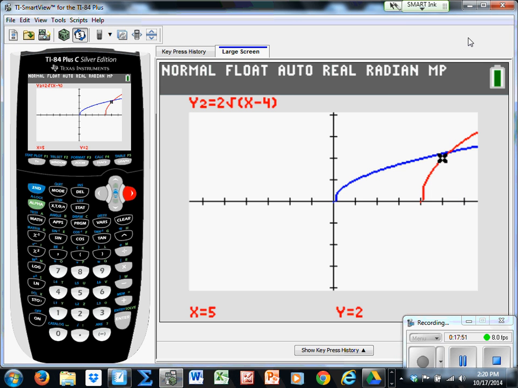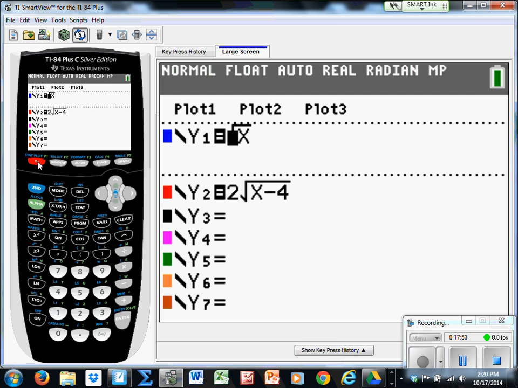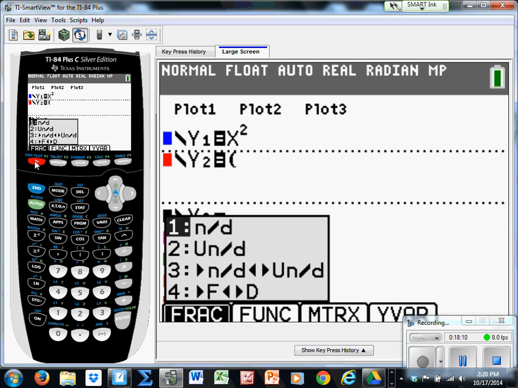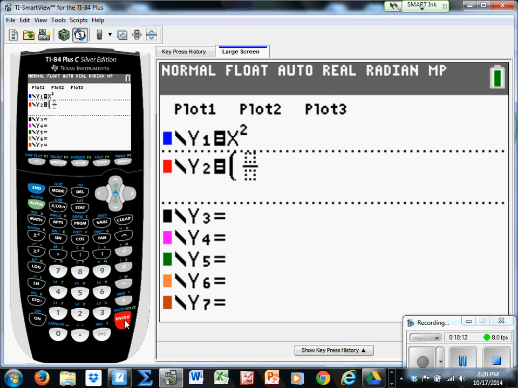Okay, let's go y equals, and I just want to clarify again that that appeared to work. I need parentheses, and I did x over. Now, you can do alpha y equals if you're on a new system and make a fraction.